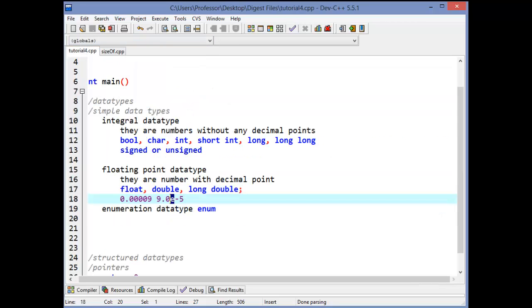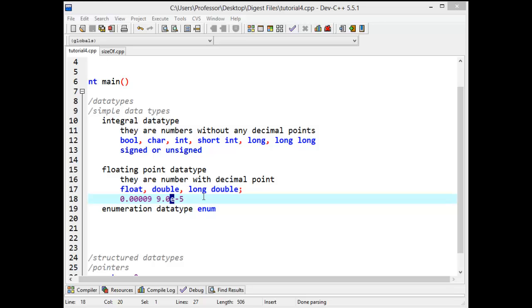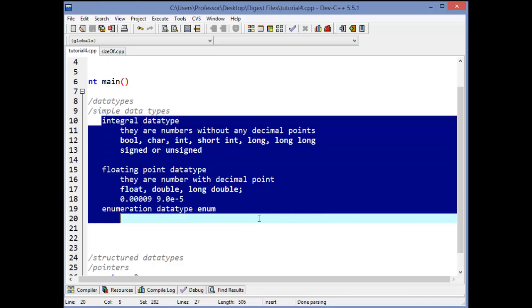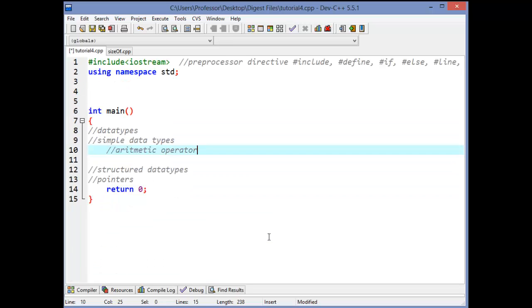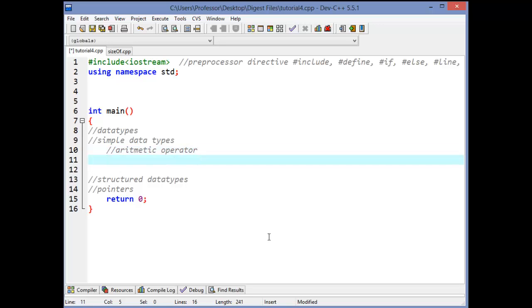All right, now let's talk about what we call arithmetic operators. In maths, when we talk of arithmetic operators, four things come to mind: addition, subtraction, multiplication, and division. Is that okay? Now in C++, arithmetic operators are the same as in mathematics, just that there is a new thing being introduced.